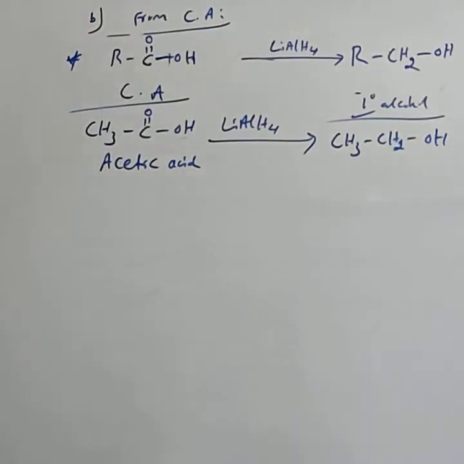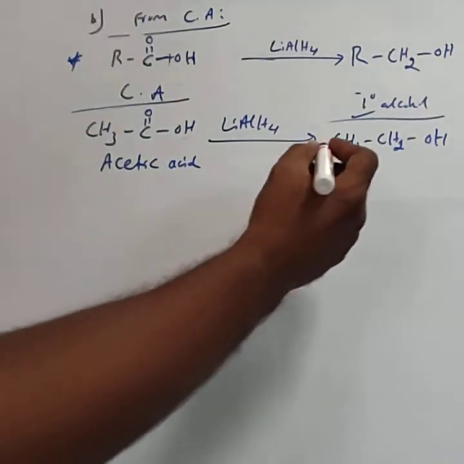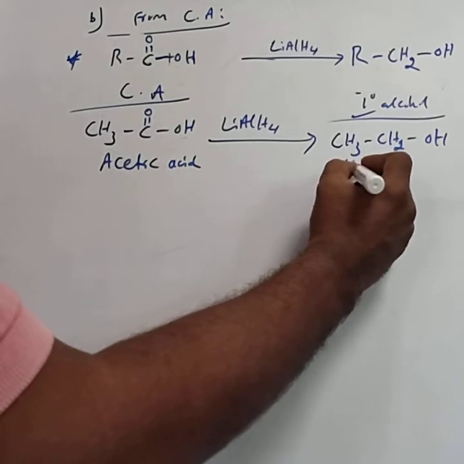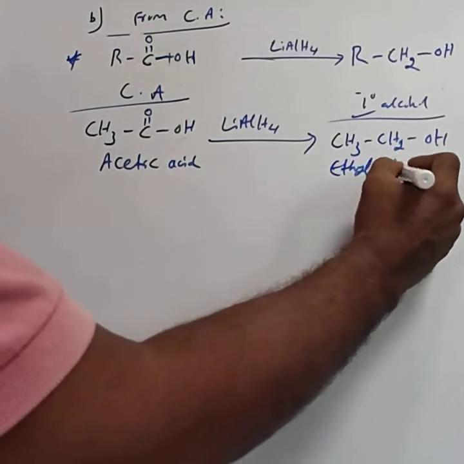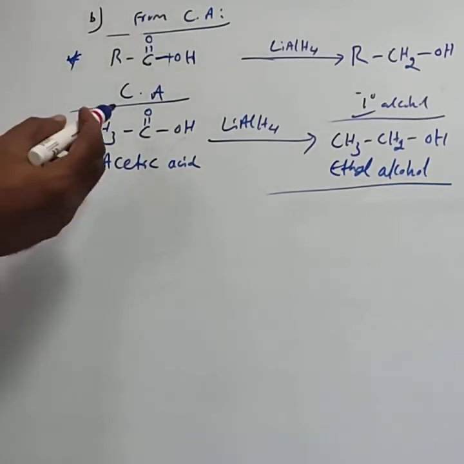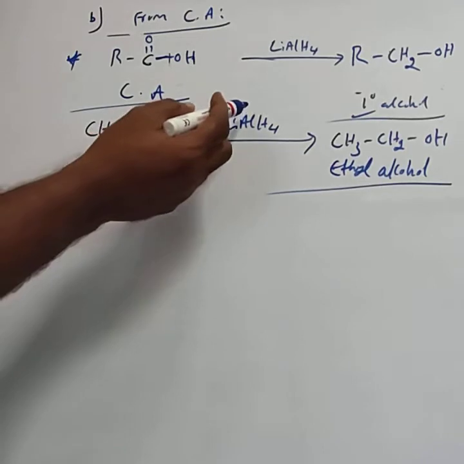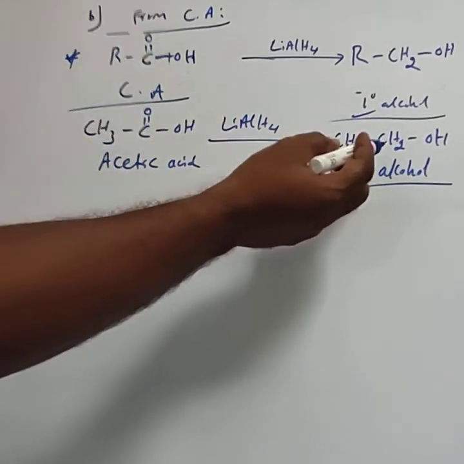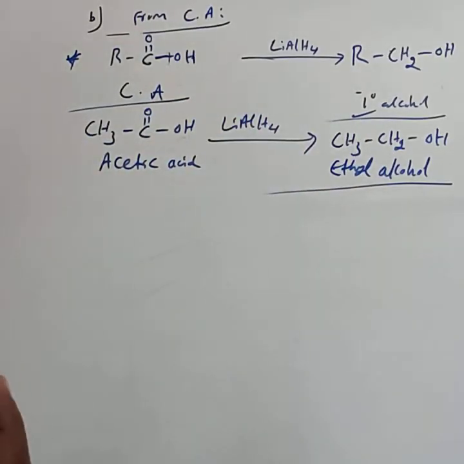What is the name of this product? The name of the product here is ethyl alcohol. The primary alcohol formed is ethyl alcohol. That is, acetic acid on reduction by LiAlH4 forms ethyl alcohol.